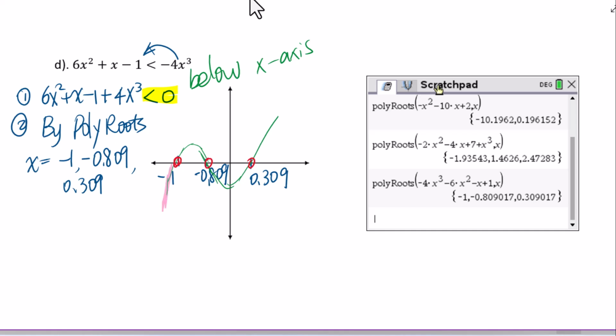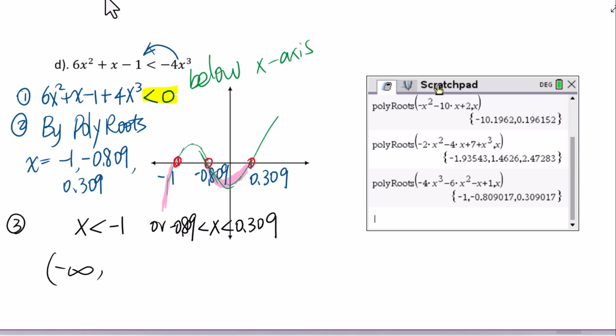This part and this part are the solution. x less than -1 or x greater than -0.809 and less than 0.309 are the solutions.